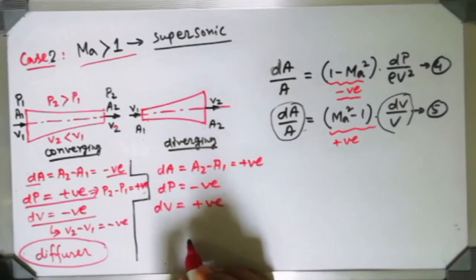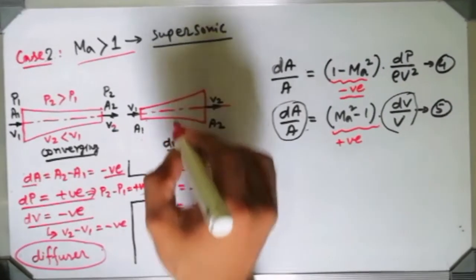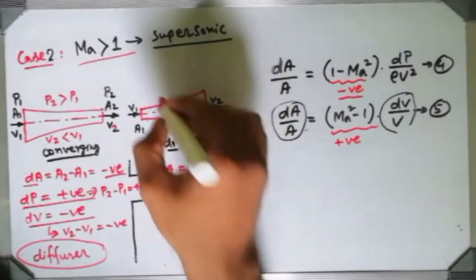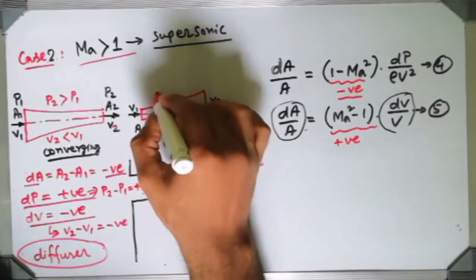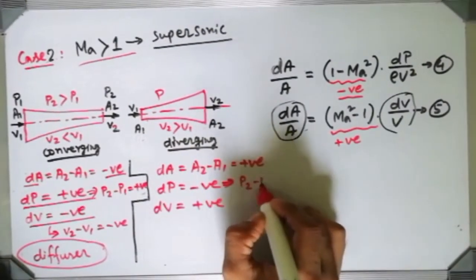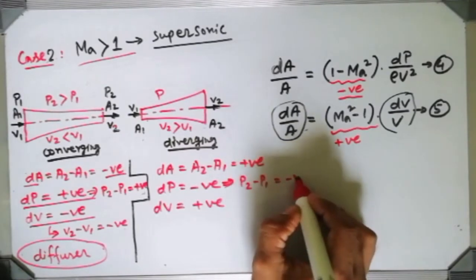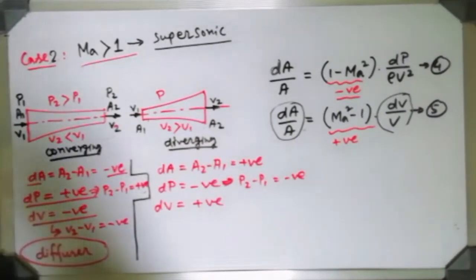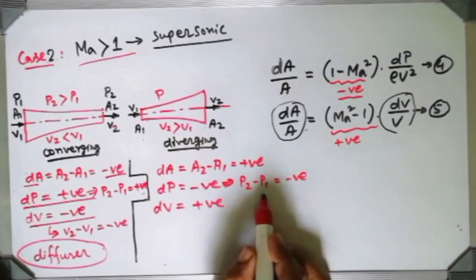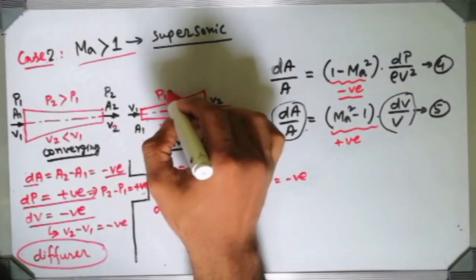So velocity is increased, so I can say that V2 is greater than V1 and dP is negative. dP means P2 minus P1, so if it is negative then P1 is greater than P2.